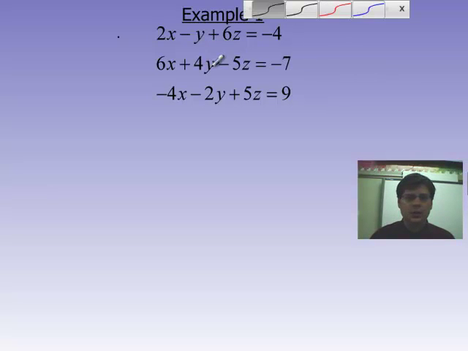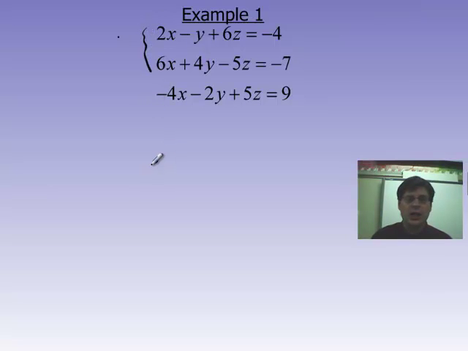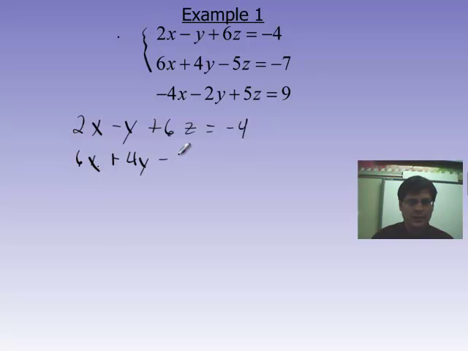So let's start off. What I'm going to do is pair up these equations. I'm going to take the first two equations and eliminate y. So I have 2x minus y plus 6z is equal to -4, and 6x plus 4y minus 5z is equal to -7.